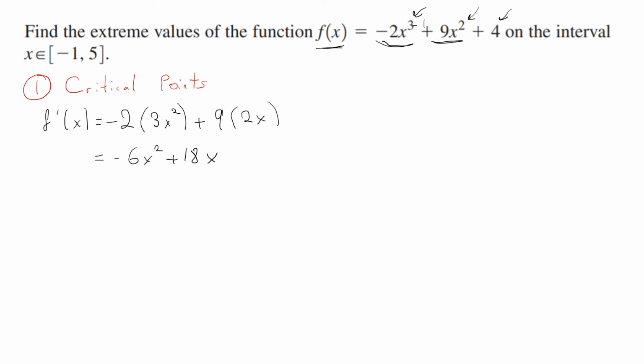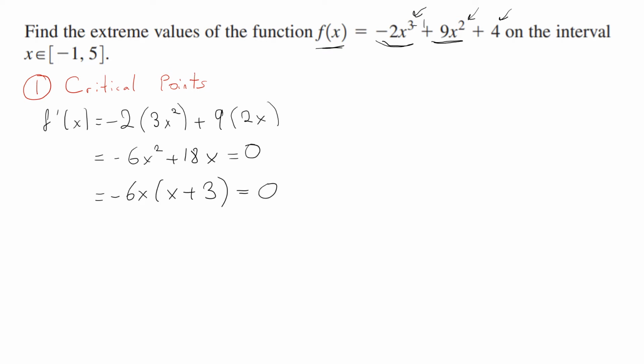Now that I have my derivative, because I'm trying to find the critical points where my slope of tangent is 0, I'm going to set this equal to 0. From here, I can take out negative 6x from the function. So I'm going to end up with x plus 3, and that's going to equal 0.